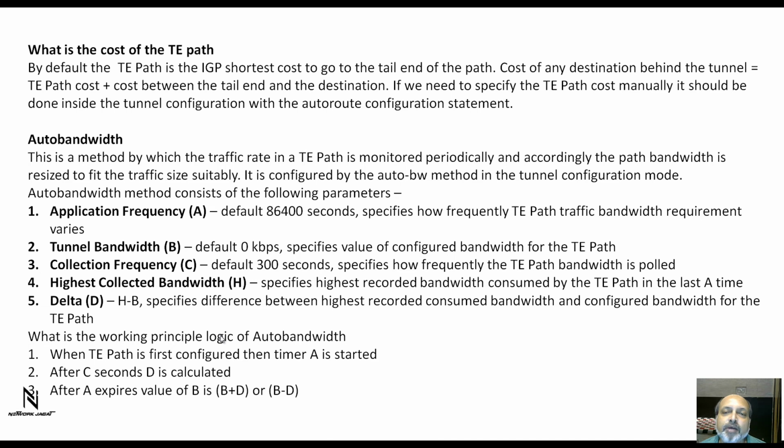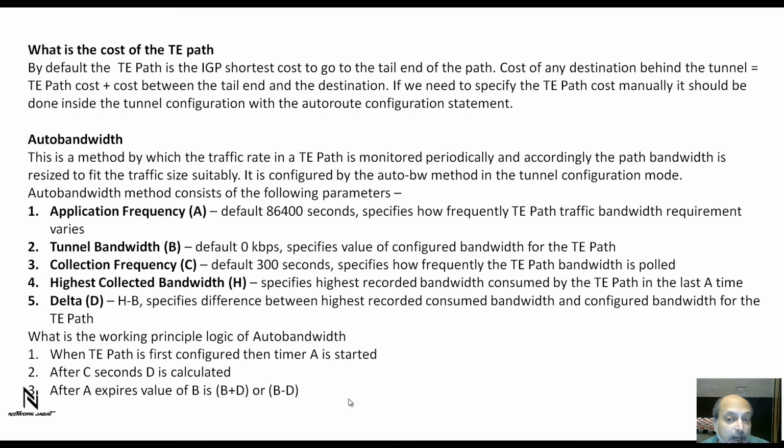If the highest collected bandwidth is 75 Mbps and the tunnel bandwidth is 100 Mbps, your delta will be minus 25. So we will go for B minus D, right? That is, the tunnel bandwidth is already 100 Mbps, so we subtract 25 from it and settle at 75 Mbps, because we have seen that the data is consuming a maximum of 75 Mbps, not more than that, right?